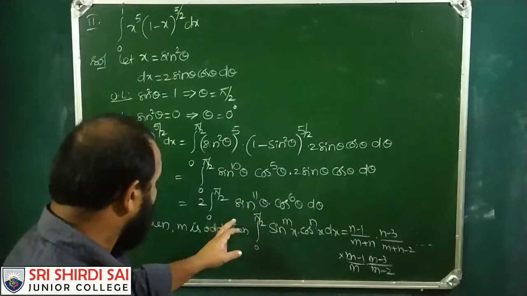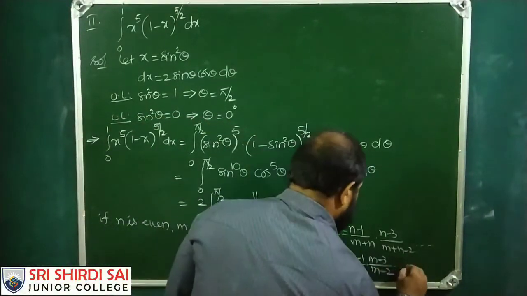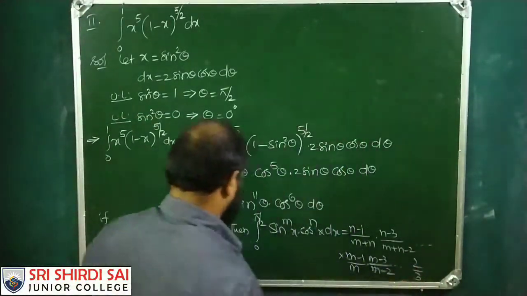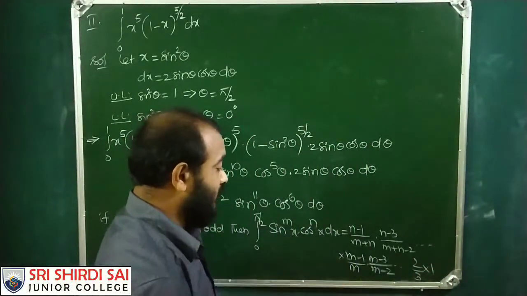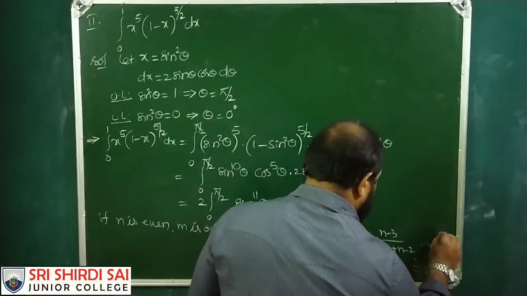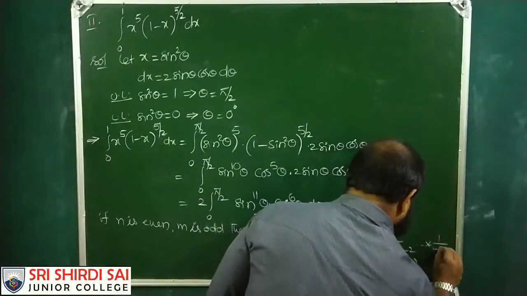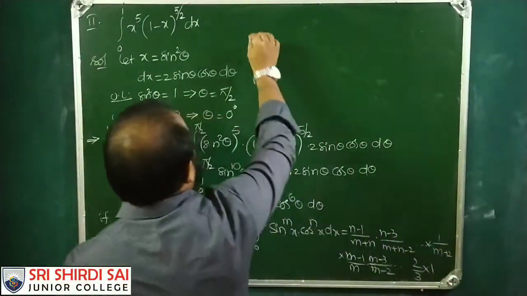Since m is odd here, it ends with 2 by 3 into 1. So if you want to know the previous term of this, it will be 1 by m plus 2.